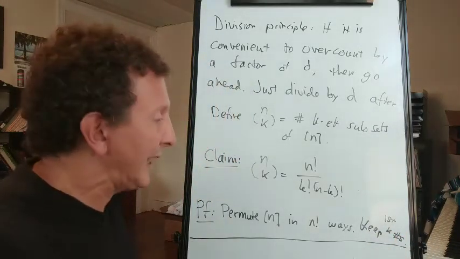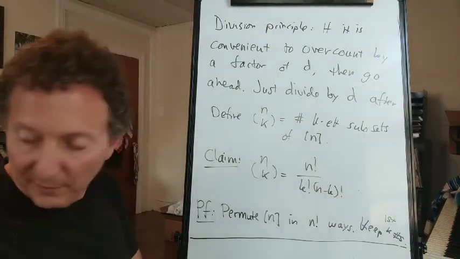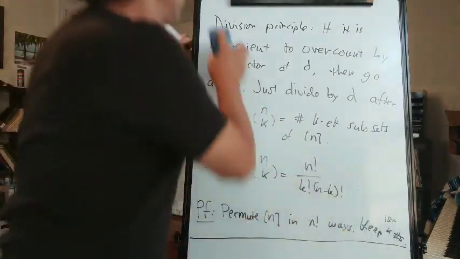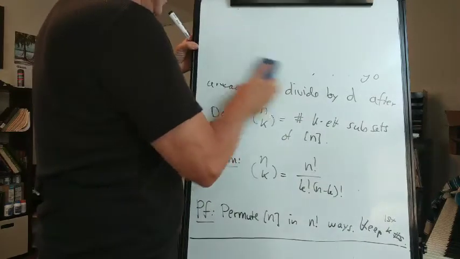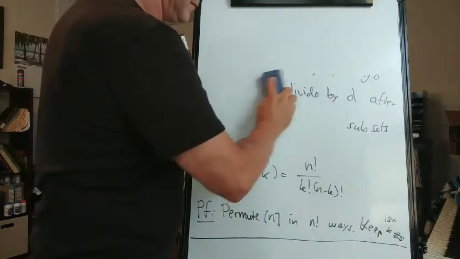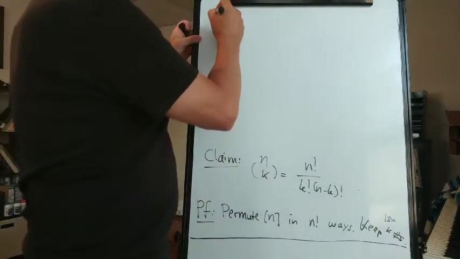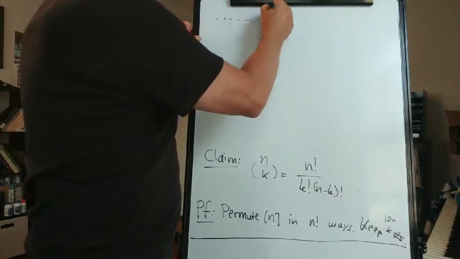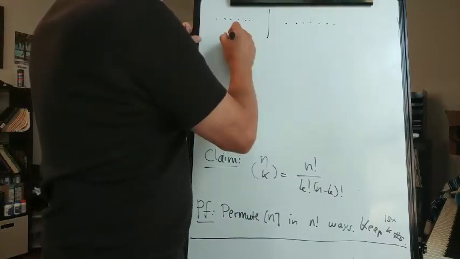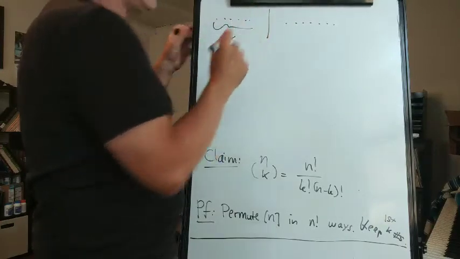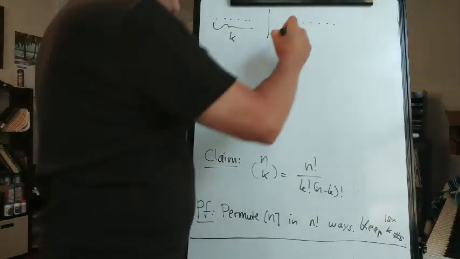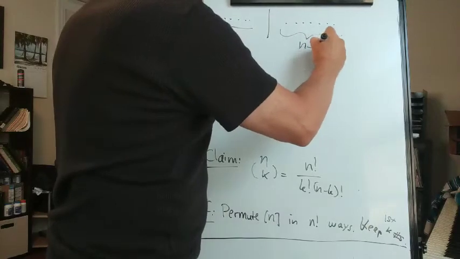So that'll certainly be k numbers. We'll use that as our k element set. So here we have the k numbers that we're going to keep and the n minus k numbers that we're going to throw out.